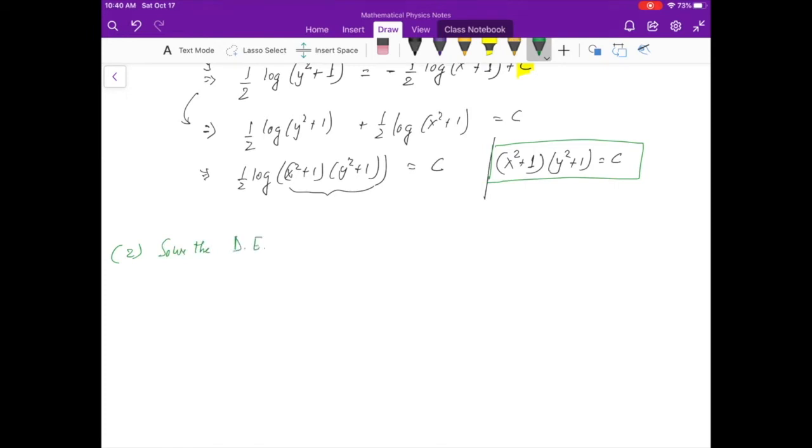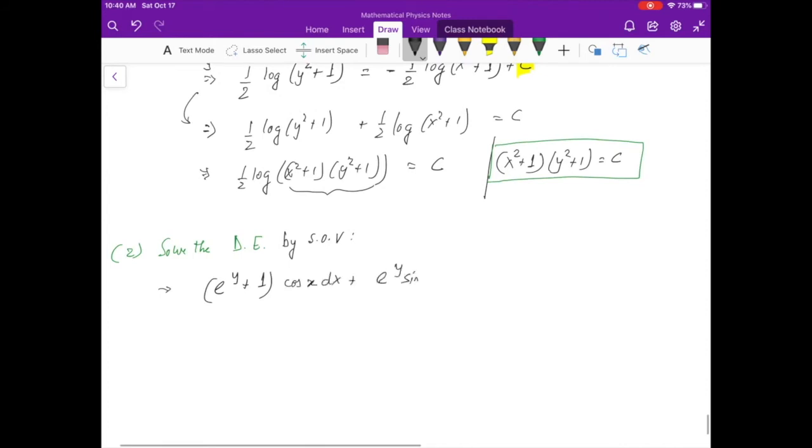So solve the differential equation, and now we say that we are using the separation of variables method. We use the acronym SOV. Okay, so we write the differential equation that will be used: (e to the power y plus 1) multiplied with cosine x dx plus e to the power y sine x dy, and that is equal to 0.